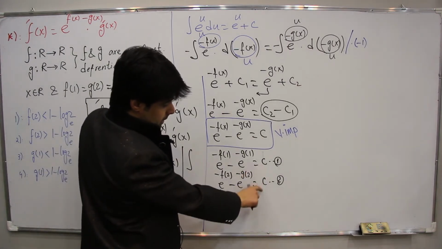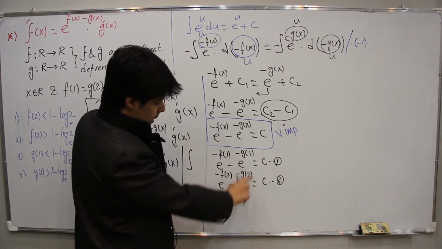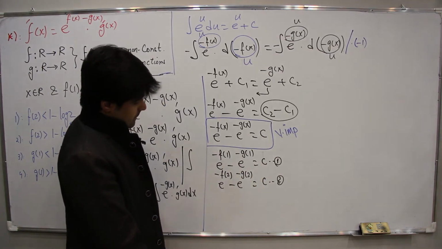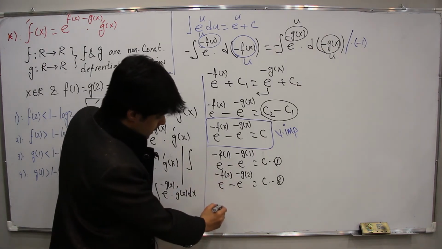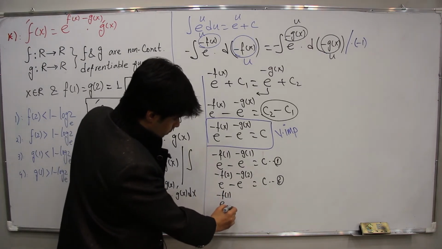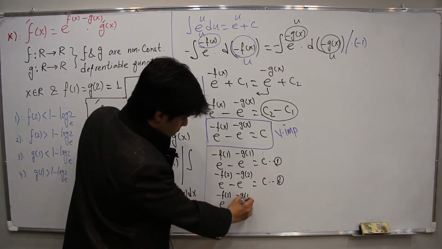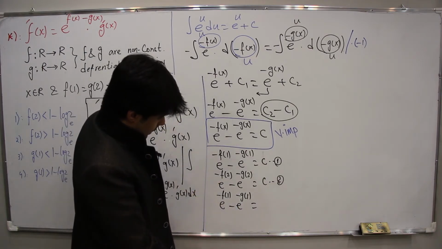From the right side, we can explain that the left side is also the same. So, what's the left side? E to the power minus f(1) minus e to the power minus g(1) is equal to what?